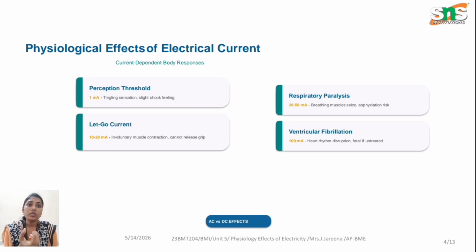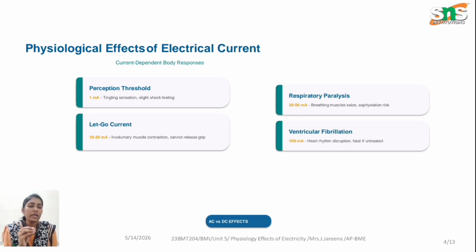The last one is ventricular fibrillation. We know that our heart is very vulnerable to electrical shock. The reason is that the contraction, relaxation and pumping mechanism of the heart runs based on its own electric potential activity. That is the conducting system of the heart.